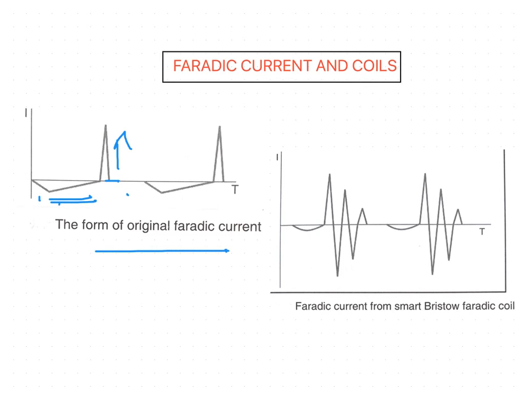A number of different types of Faradic coils were developed, but only one of these is used nowadays. That is called the smart Faradic coil, and the current it produces differs from the original one in that a train of damped oscillations with a frequency of 1000 cycles per second follows each peak of high EMF.